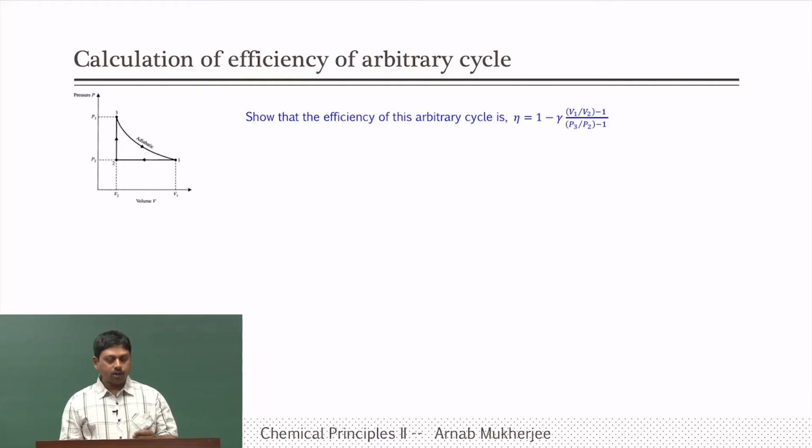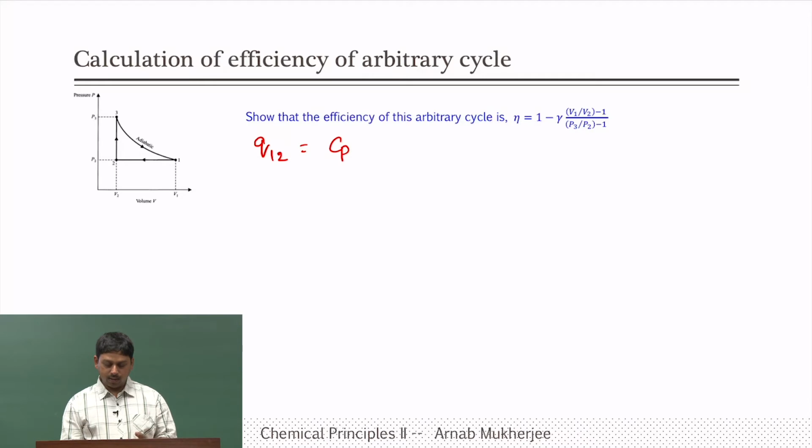So, calculation of efficiency is pretty simple, because all that you have to calculate is heat in and heat out. So, we are going to calculate the heat input in the first two steps. 1 to 2 is a constant pressure process, so it will be Cp.